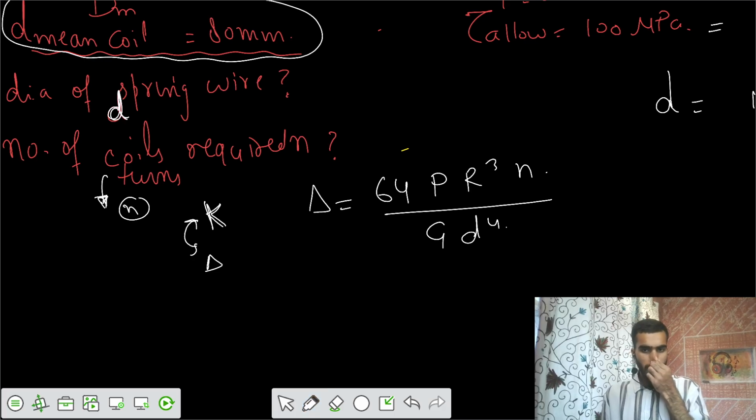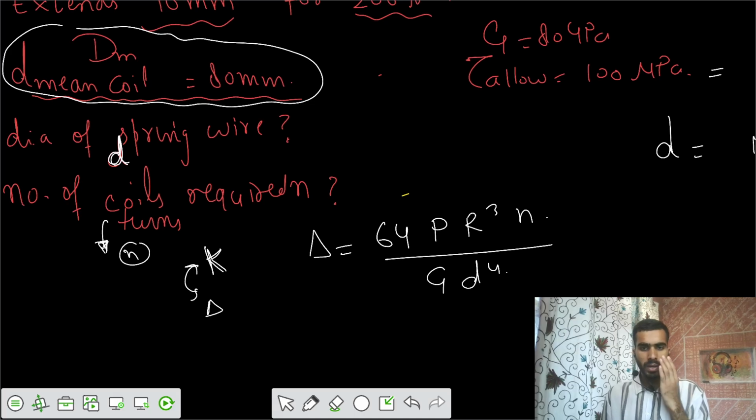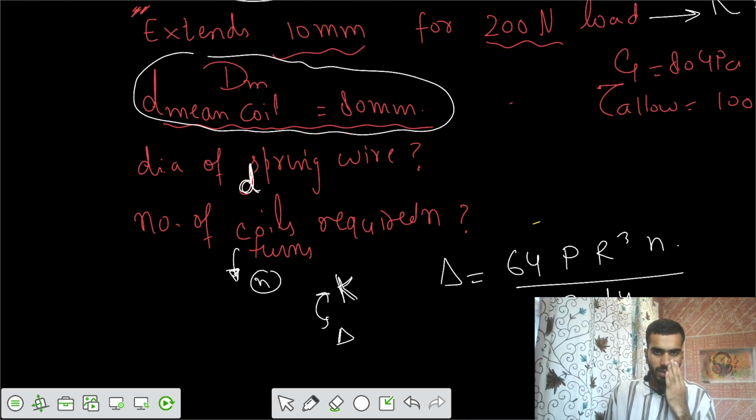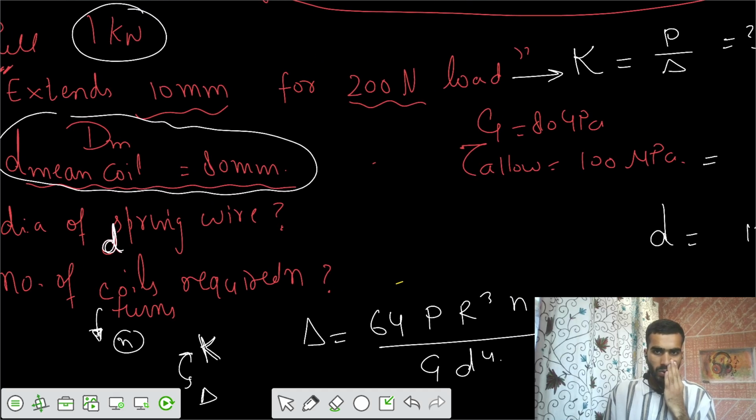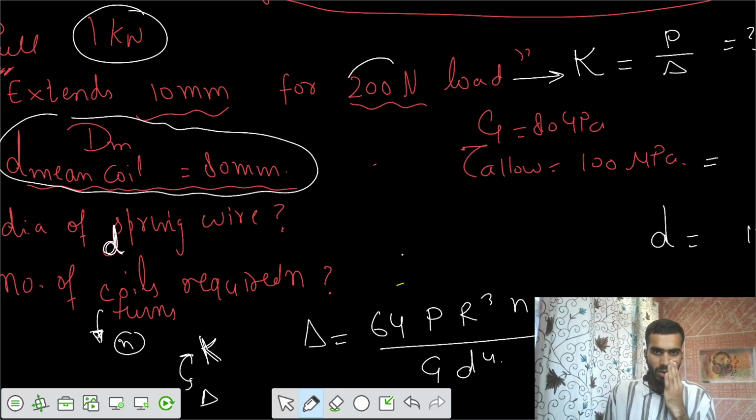Now, it's not giving any hint about what delta we have to talk about and what load we have. So we have two given loads. One is that on 200 Newton we have delta of 10 millimeter, so that's okay.